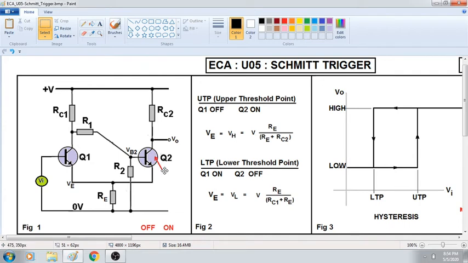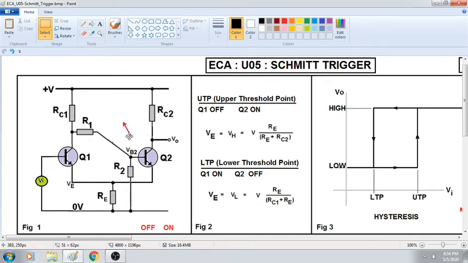Which means Q1 can be either in saturation or cut off, and Q2 also can be either in saturation or cut off. We will call that off and on. Whenever a transistor is in cut off we will call it off, and whenever it is in saturation we will call it on.